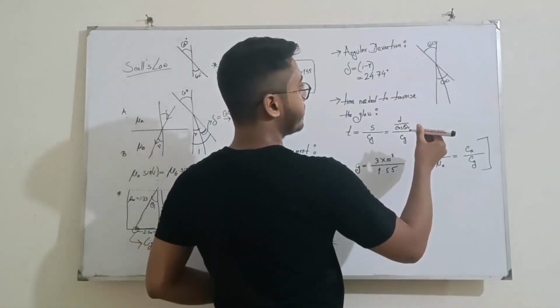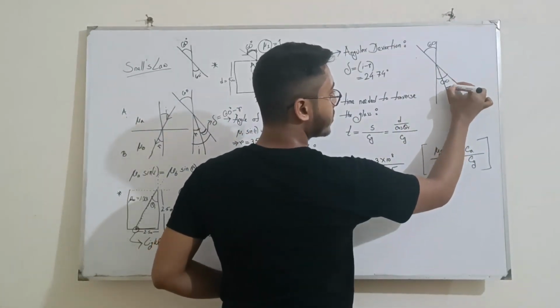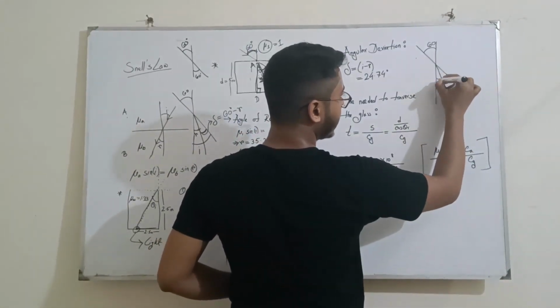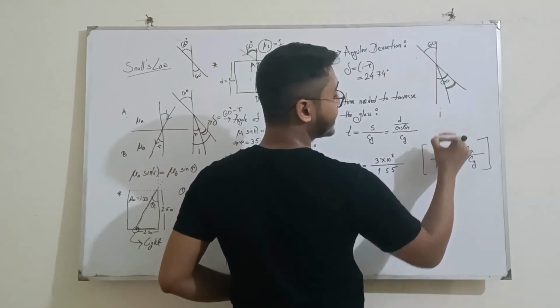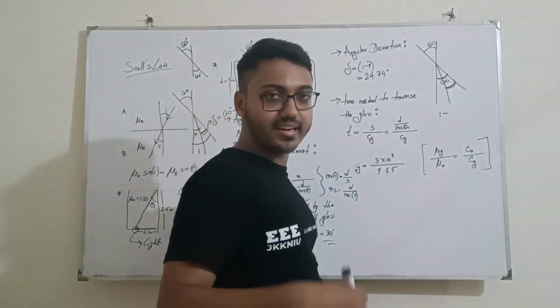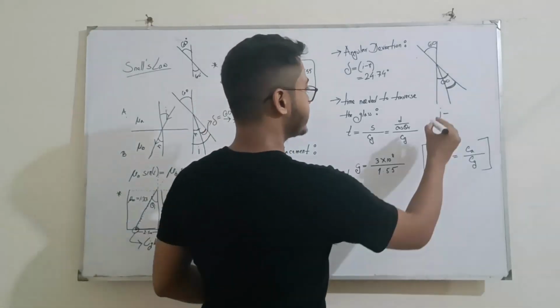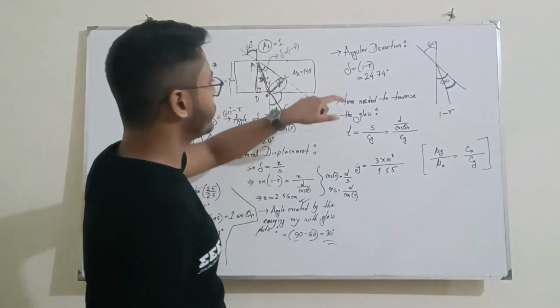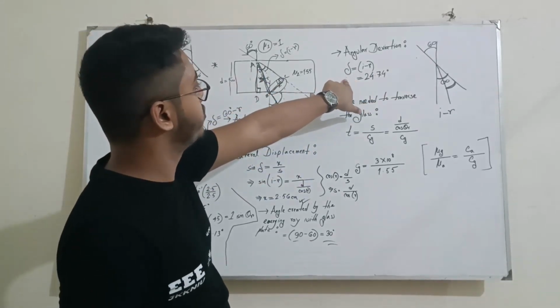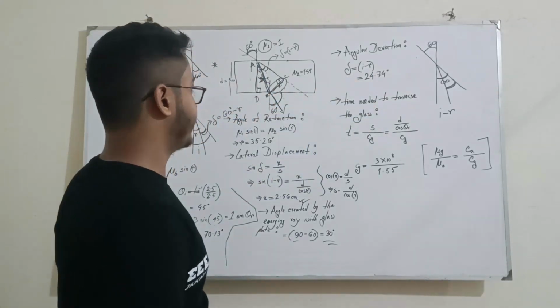So what will be the angular deviation? This will be the angular deviation. So the angular deviation will be the total angle i, that is 60 degree, minus this angle, that is the refracting angle r. And we will get the actual del value. So we will get the value of del as 24.74 degree.